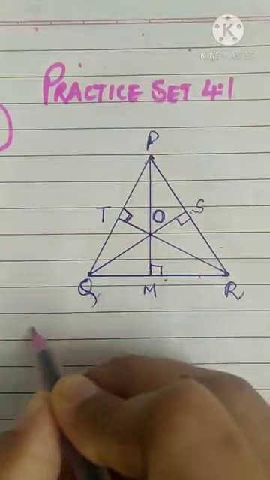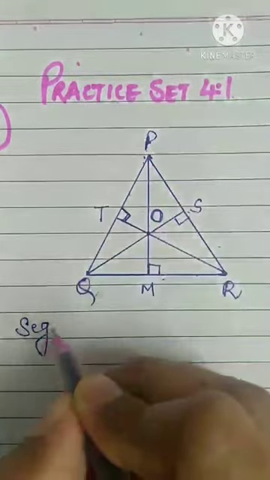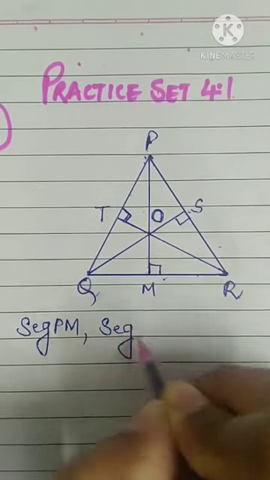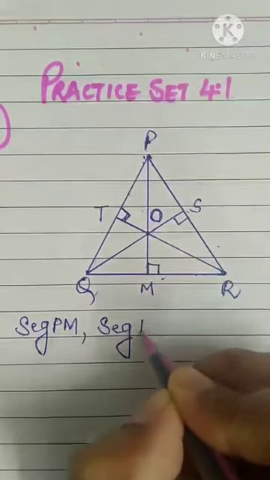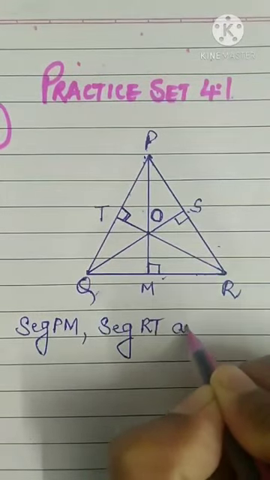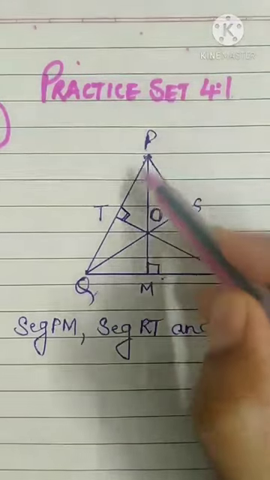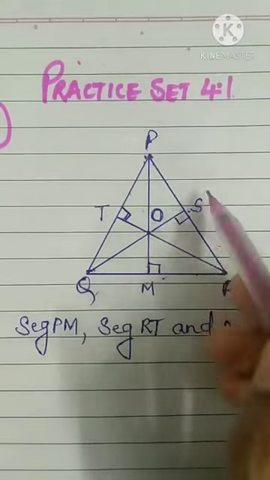So you will write segment PM, comma, segment RT, and segment QS.